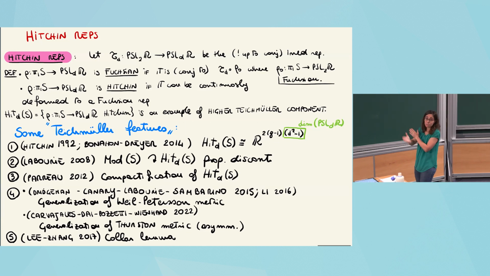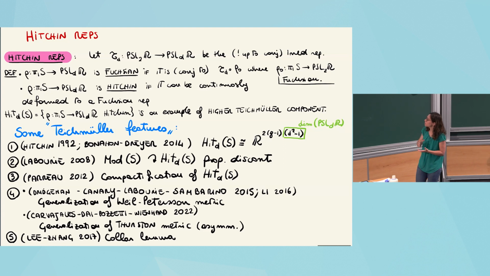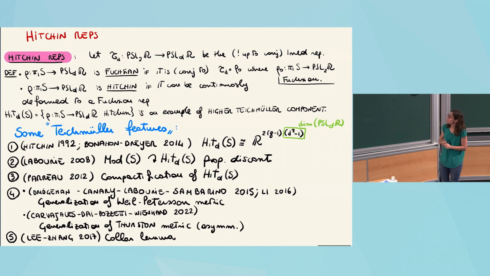And there are many more compactifications now, and discussion of that. And there are some nice examples of metrics on this space. You will hear one discussion from Carvajales, who will discuss the Thurston metric, his work with Dai, Pozzetti, and Wienhard, and then there is the Weil-Petersson metric, the work of Bridgeman, Canary, Labourie, Sambarino, and independently in the case n equals 3 by Loftin.